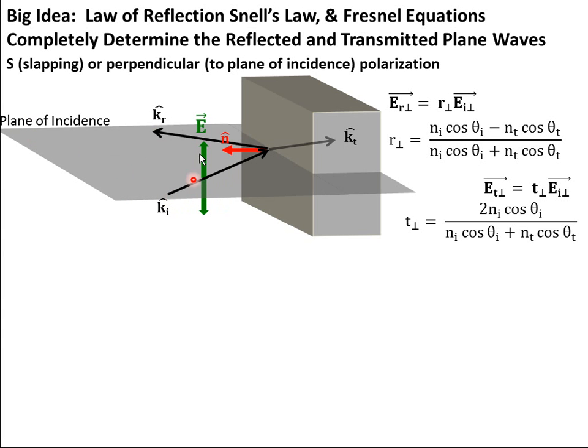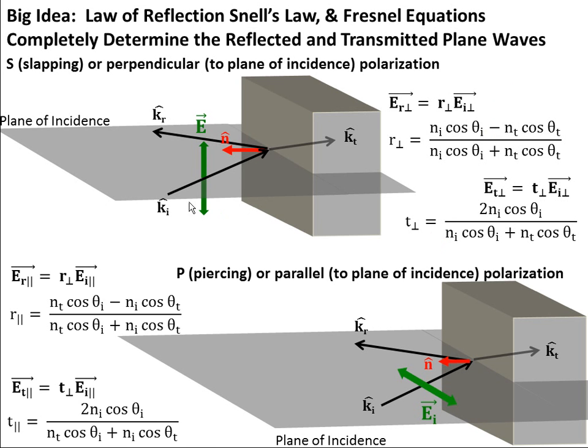If E sticks up and down out of that plane, then we call it S, or perpendicular polarized, because E is perpendicular to the plane of incidence. And these are Fresnel's equations right here that give the reflection coefficient, or the fraction of the incident wave that's going to get reflected, as well as the transmission coefficient, or the fraction of the incident wave that's going to get transmitted.